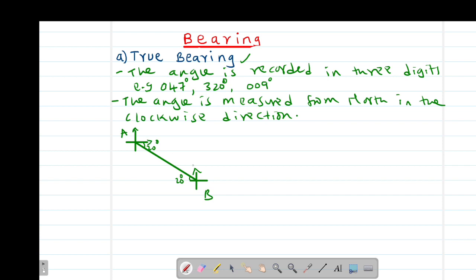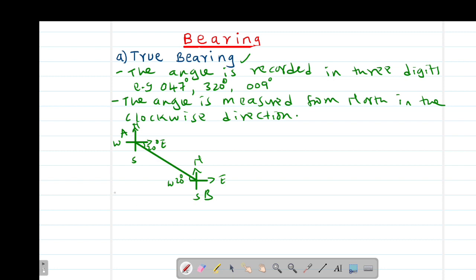Similarly, this side is usually parallel to this side. This is usually the northern side, the southern, the eastern, then the western.